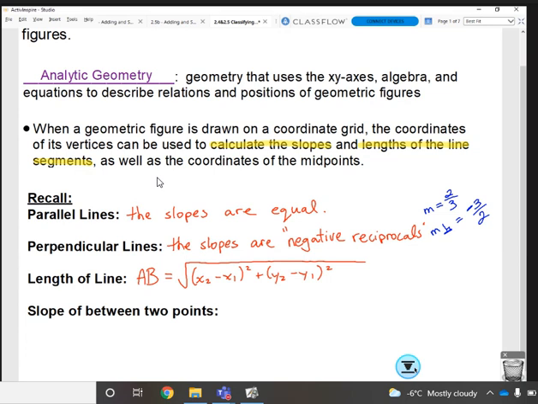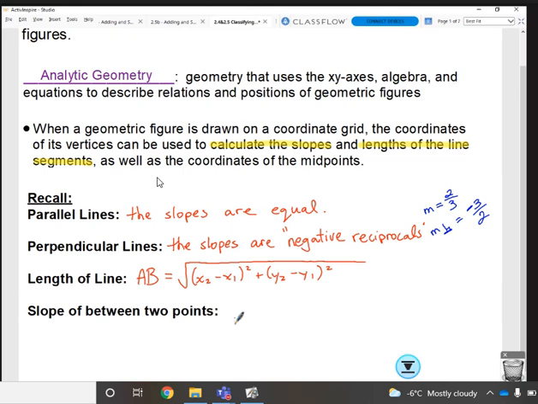And lastly, who remembers how to calculate the slope between 2 points? There are many ways to calculate slope: change in y over change in x, delta y over delta x, rise over run. But when you're given 2 points, Camille?